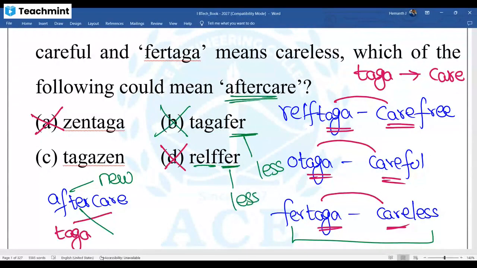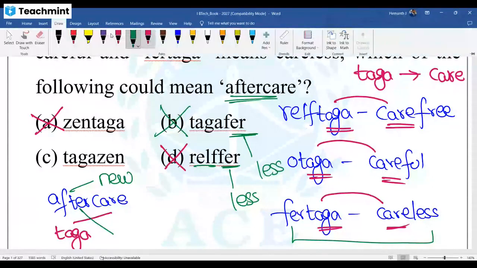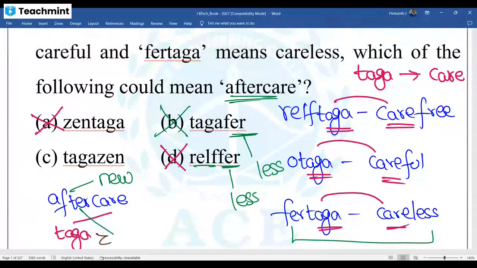They are asking for the code for "after care". A new code means something new. It could be gen, pen, men, len, anything. Apart from free, apart from less, apart from FER, some new one is required. So what should be here? As per the options, we are going with gen.